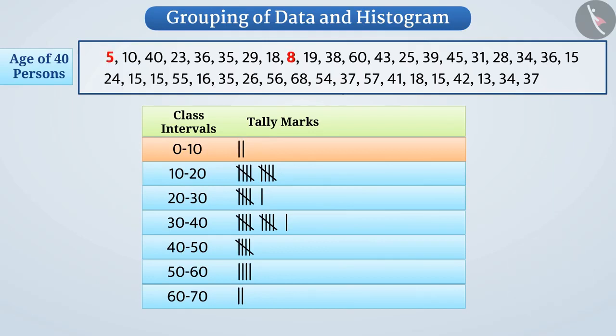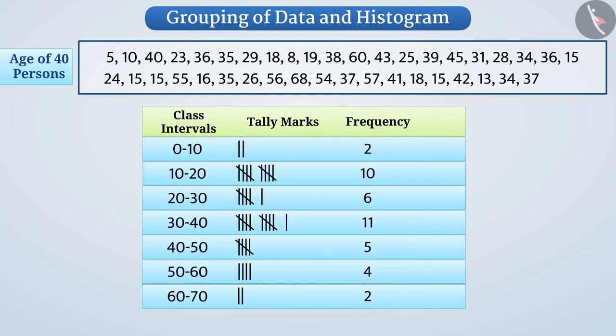In this way, the number 2 tells the number of observations included in class interval 0 to 10, that is, there are 2 persons between the ages 0 and 10 years. We call it the frequency of class interval 0 to 10. Similarly, you can write the frequency of all these class intervals in this way.